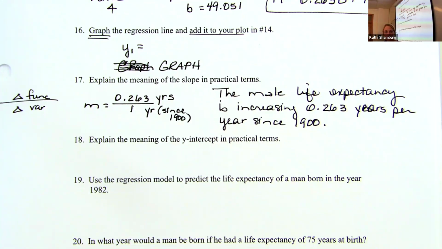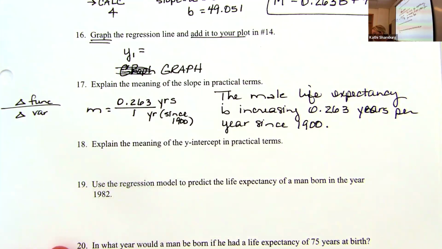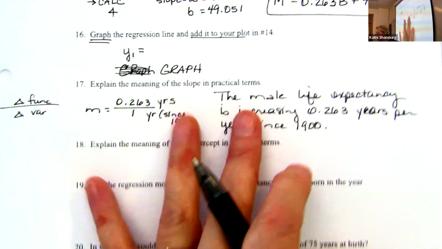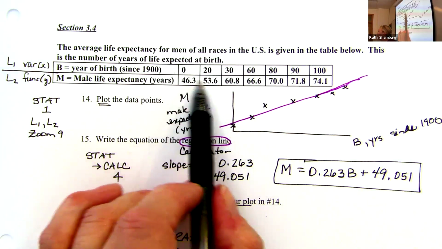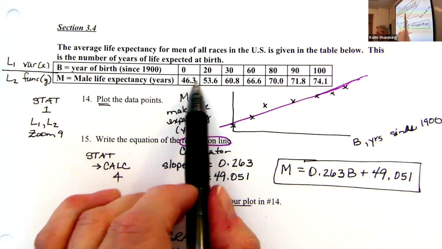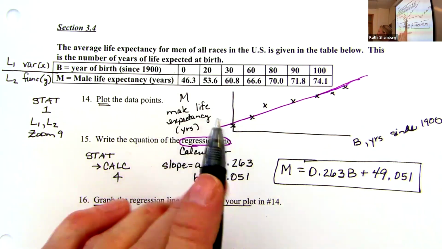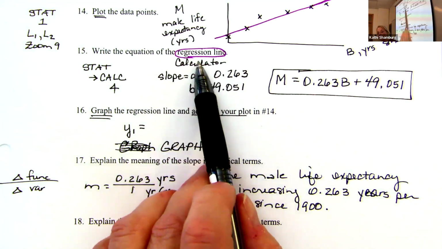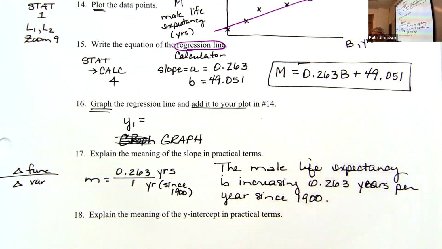All right, explain the meaning of the y-intercept in practical terms. Okay, you do need to be careful because I'll have some students that will look up at the table and pull this as the initial value or the y-intercept because they see that 0. If this were a true linear where it had a constant rate of change, that would be true. But since it is the equation of a regression line, you want to pull it from your equation.